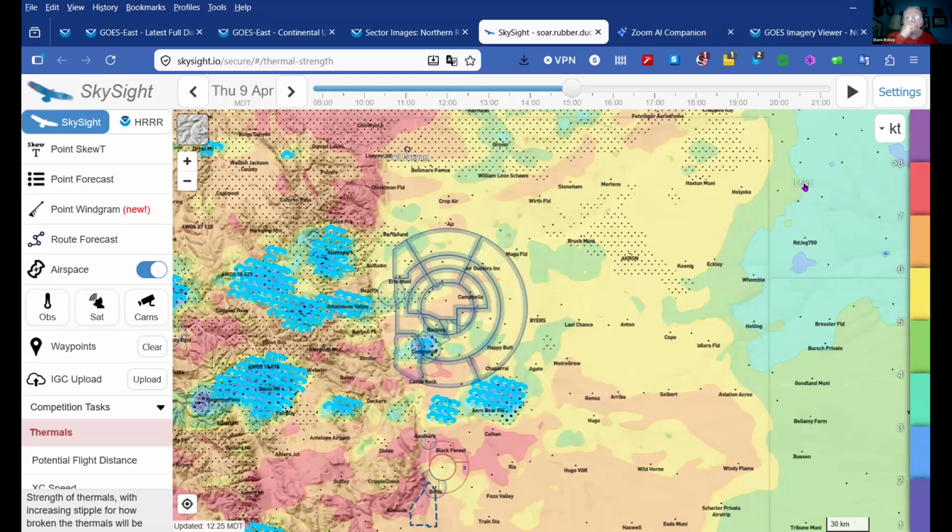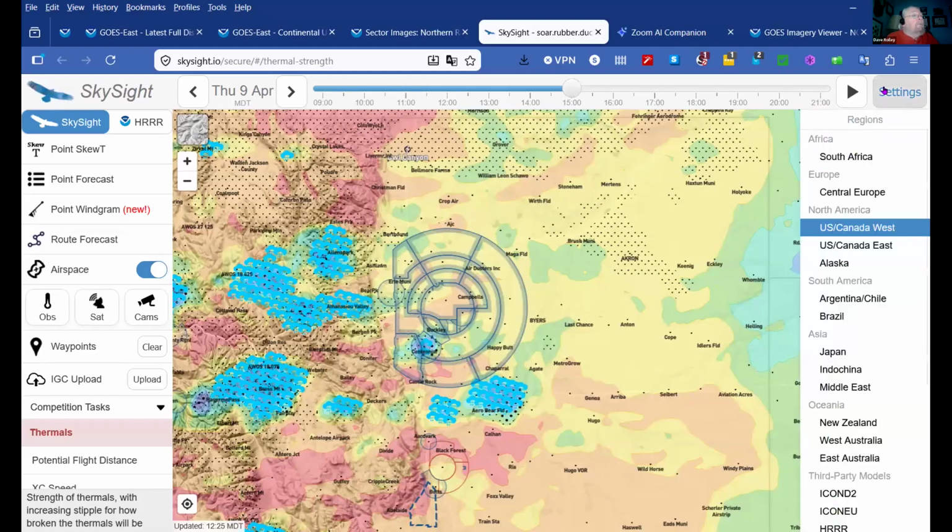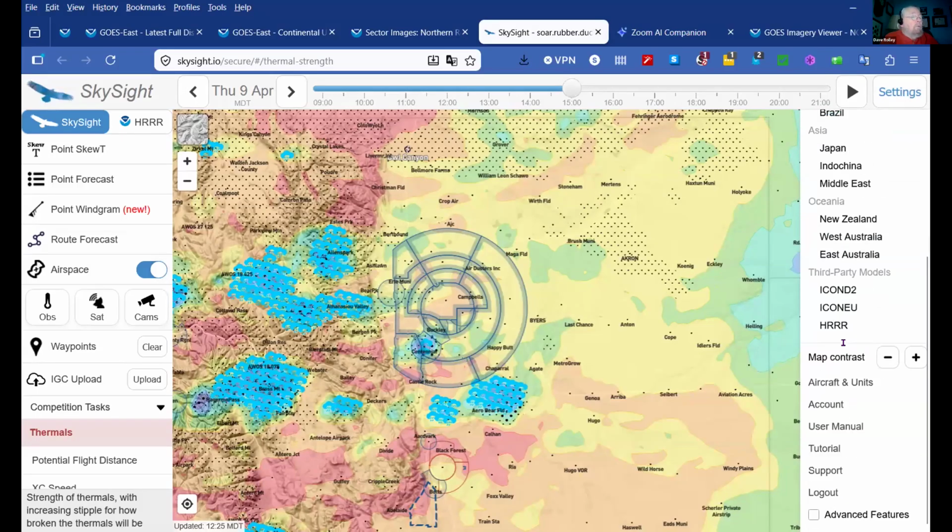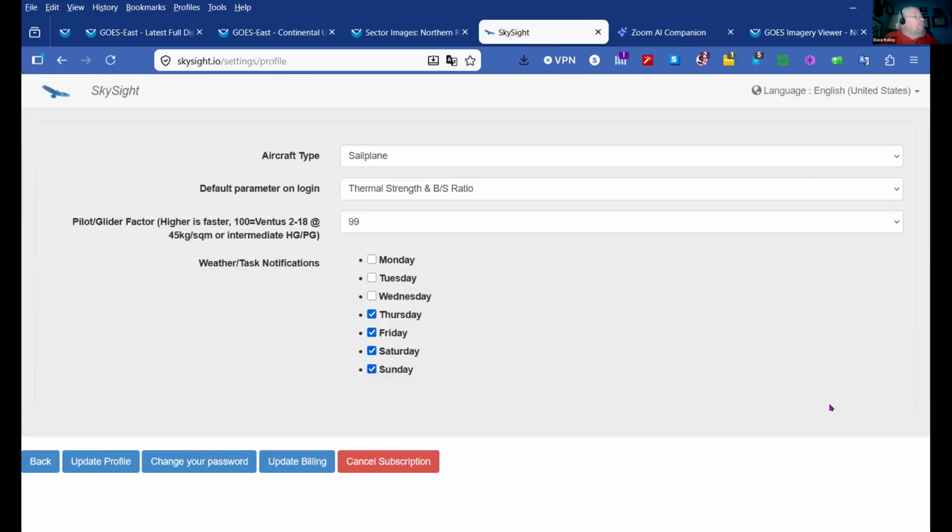And then when you go in, scroll down, and in your account setting, you are going to set that you're a sailplane or whatever you are, and you're going to set your pilot factor. The 100 in this setting is a Ventus 2 at 18 meters at 45 kilograms per square meter.